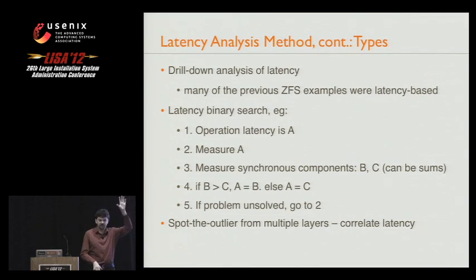If I measure latency from multiple places, I can almost use that as a unique key and say, oh, I see at the disk level 1,512 milliseconds. I see at the VFS level 1,560 milliseconds. I see at the application level 1,590 milliseconds. These are probably the same thing. I didn't have to connect the dots that much. I'm just measuring the outliers from multiple places, and I'm just correlating them that way.